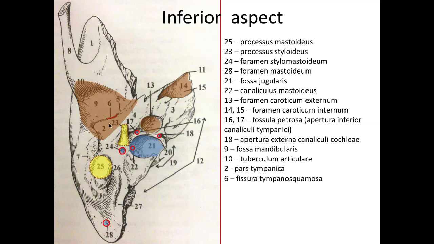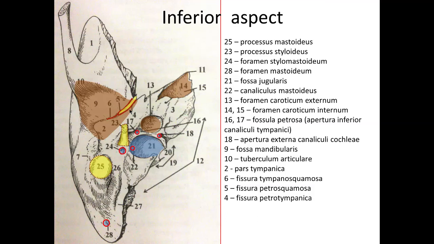But we can find that medially it secondarily divides into two other small fissures running parallel. Number 5, fissura petrosquamosa, and number 4, fissura petrotympanica. Why petro?